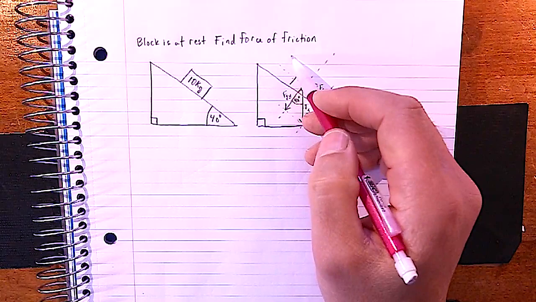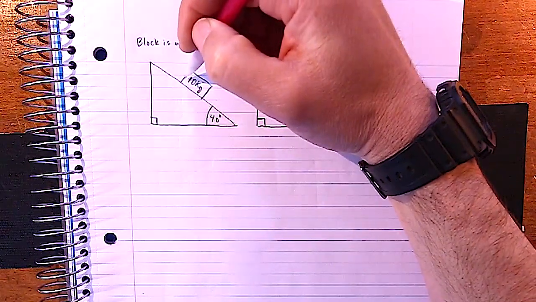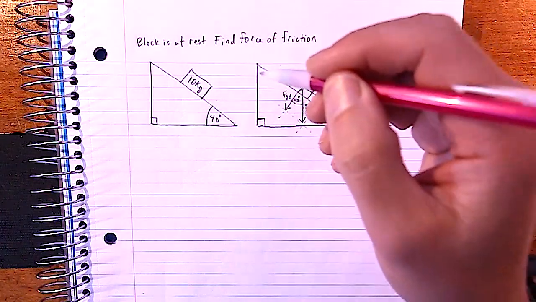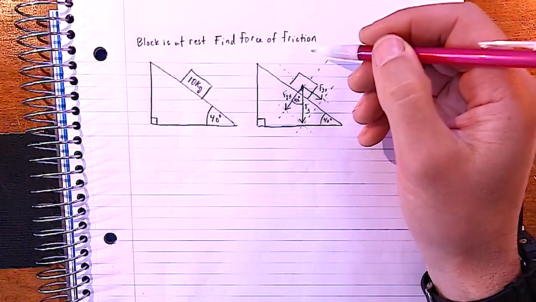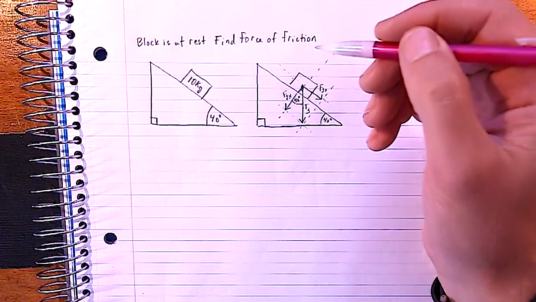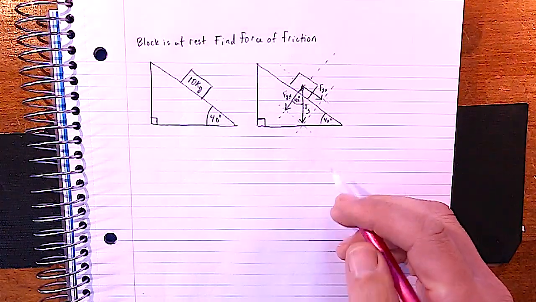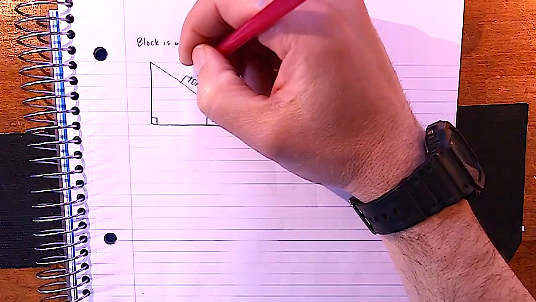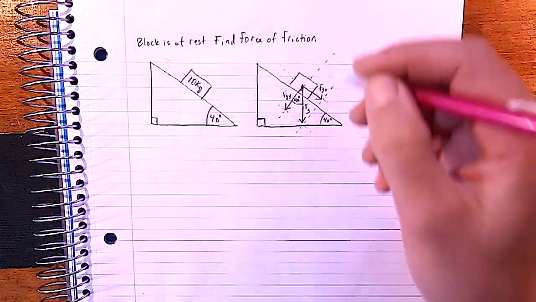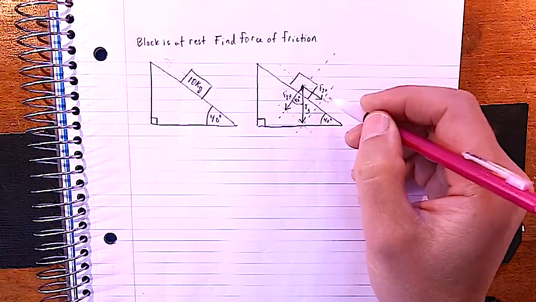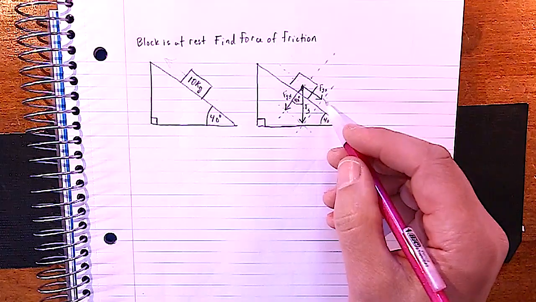But if there's friction and it's at rest, then there must be a frictional force acting up the plane. And if it's not moving, that means the acceleration is 0, so the net force is 0, so these forces cancel each other out. So in other words, when we're looking for the force of friction, really all we're looking for is FGX. So let's go ahead and find FGX.